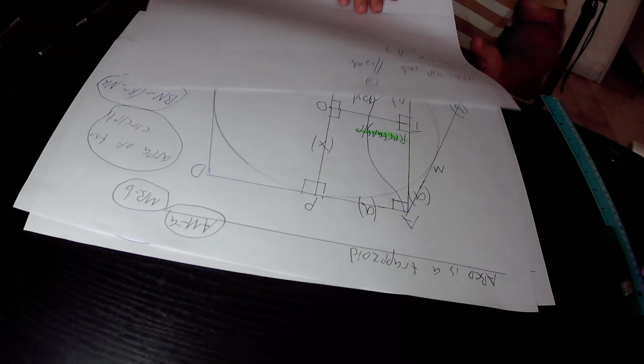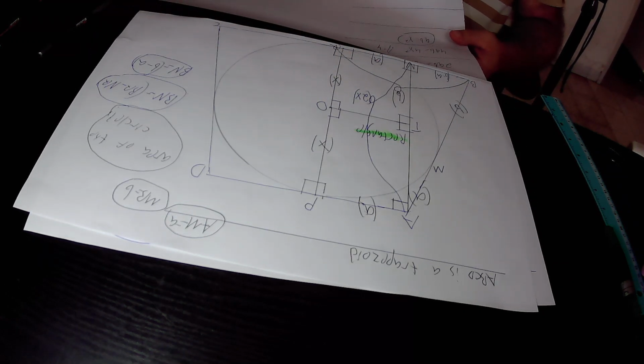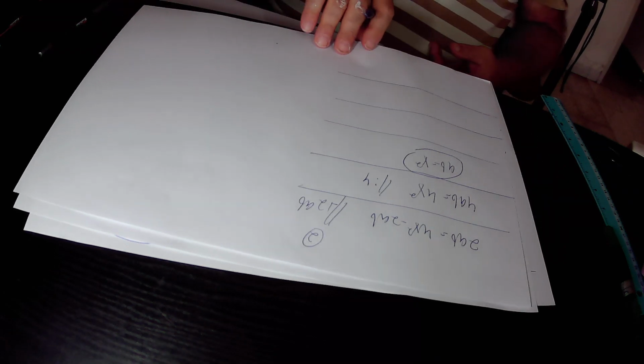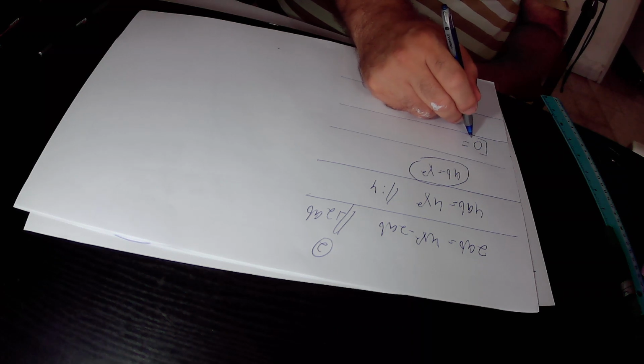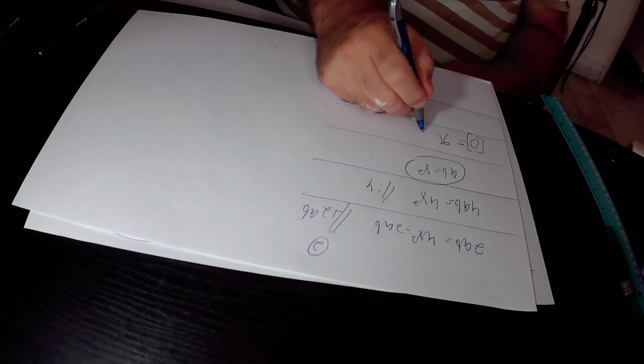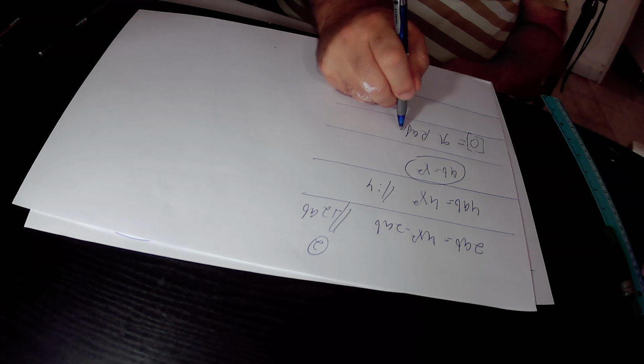Our mission is to find out the area of this circle. Actually, we know that the area of any circle is equal to pi times the radius of the circle squared.